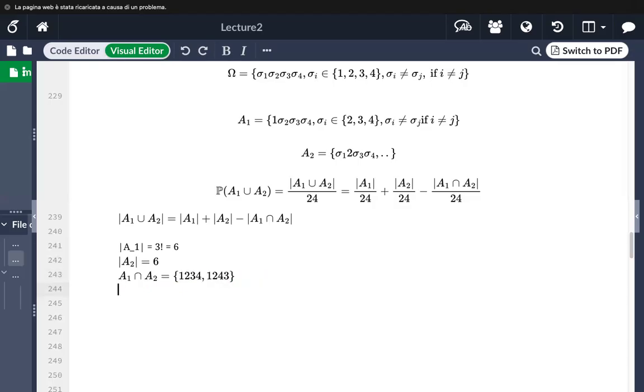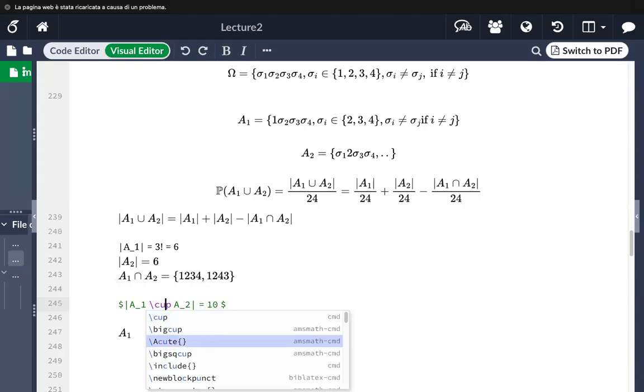So it has 2 elements. So we have simply to check that this set has a number of elements equal to 12 minus 2, 10 elements. Sorry, I made an error.